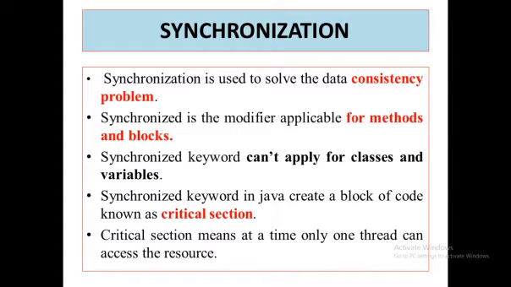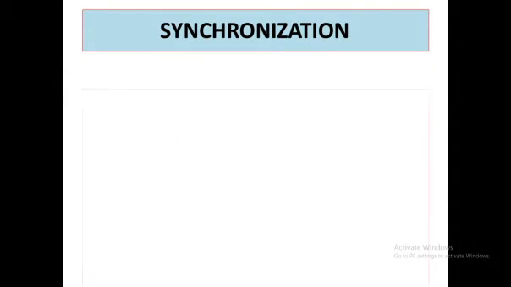Multiple threads are there, but whichever gets the lock, which may be a class lock or object lock, that thread can access the critical section. After completing that thread's execution, the next thread in the queue accesses it. So at a time only one thread can access that particular property.